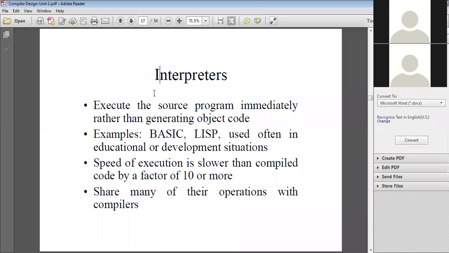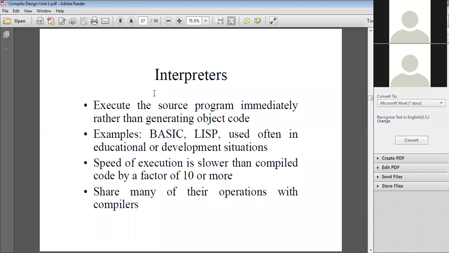Interpreters, we have already emphasized the interpreters. They execute the source program immediately rather than generating object code. Examples: earlier we were using BASIC, Lisp. These are different examples of languages used often in educational or development situations. Speed of execution is slower than compiled. We have already discussed the speed of the interpreters. Speed of the interpreters is less as compared to the compiler, because the interpreter converts high level language into low level language, that is the machine language, line by line.